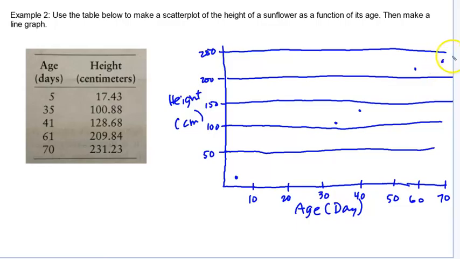We'll say that's right there. So we have done the scatter plot of the height of a sunflower as a function of its age. And then to do the line graph, we just connect those with line segments. And there we go. So that is example number 2.